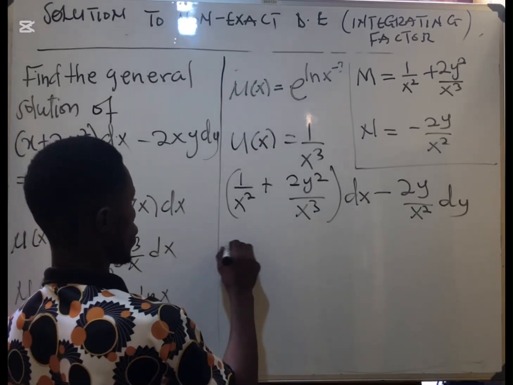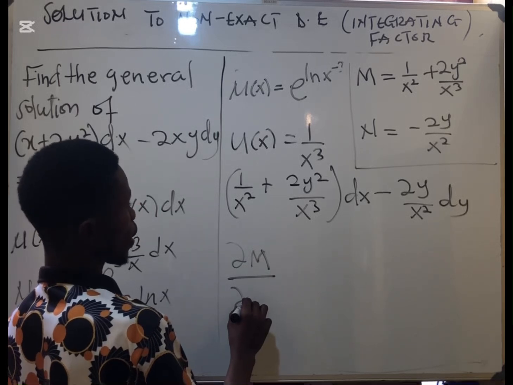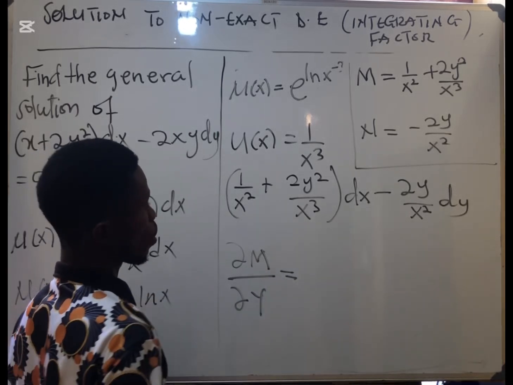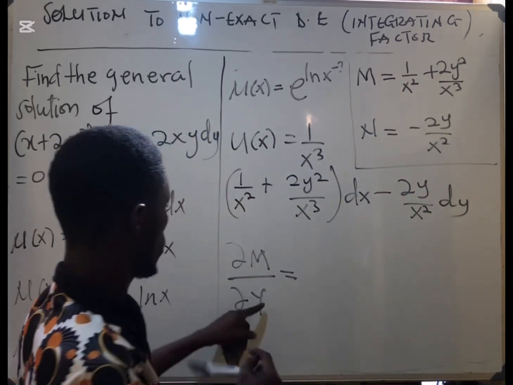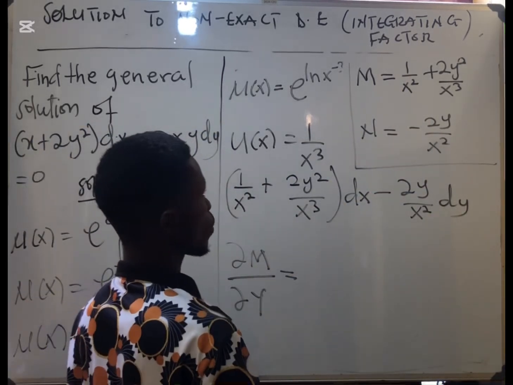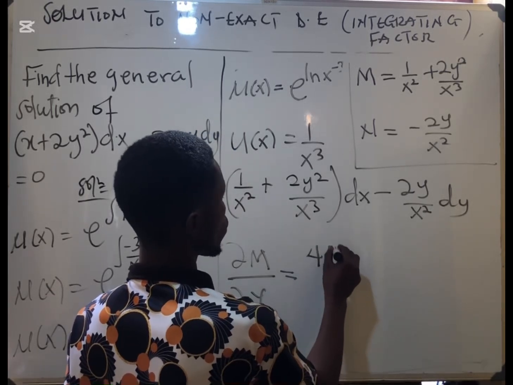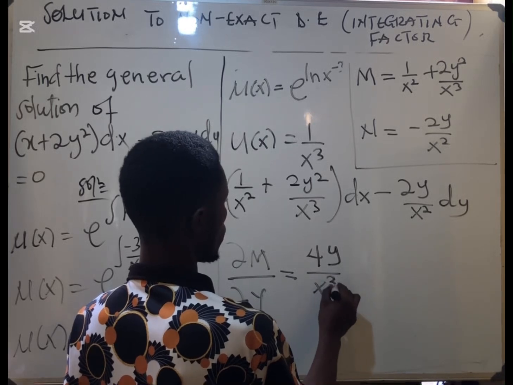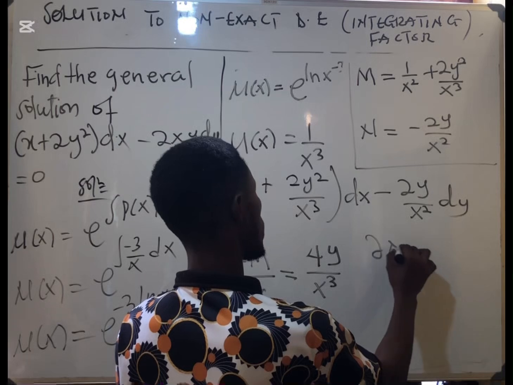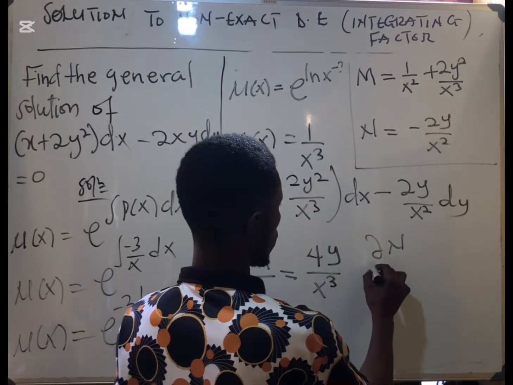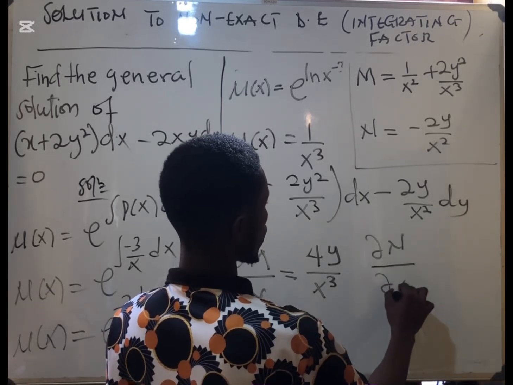So this is our M and our N. First thing, let me take the partial of M with respect to y. Everything here will go to 0 because of the differentiation with respect to y, and this one will give us 4y over x cubed. Then we take the partial of N with respect to x.